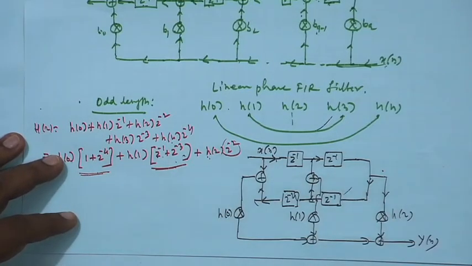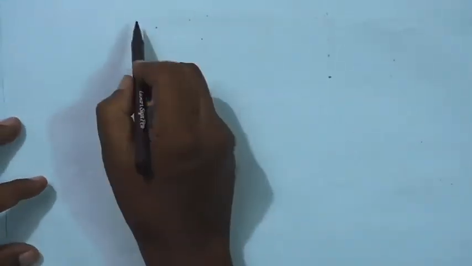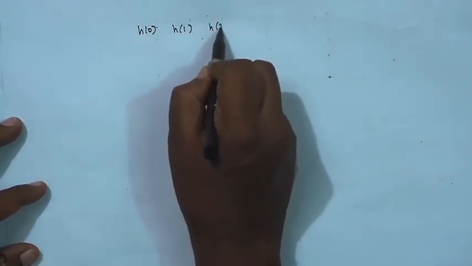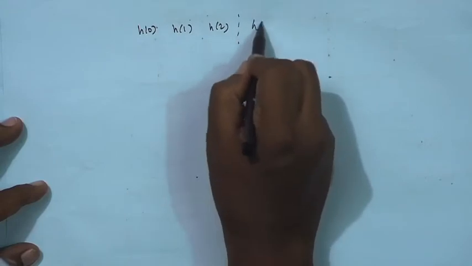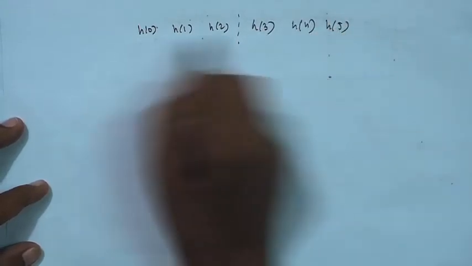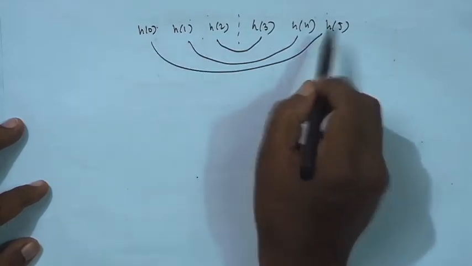Next consider a case where the length is even. So, H0 to H5 we will take, the mirror H3, H4, H5. So, total 6. In this case, these two should be same, these two should be same, these two should be same, right.